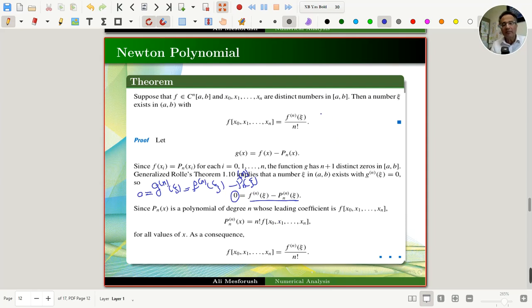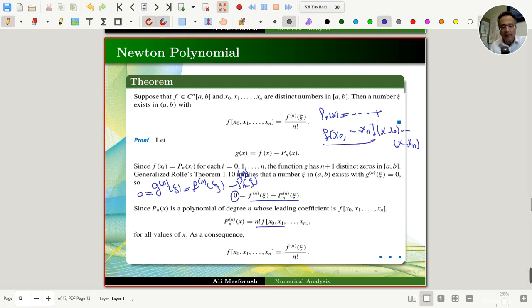If you consider pn of x, the last term is finally f[x0, ..., xn] times (x minus x0) up to (x minus x(n-1)). If you take the nth derivative of this one, the derivative of x^n should be n factorial times the coefficient of x^n.